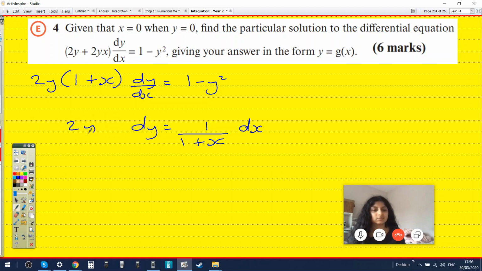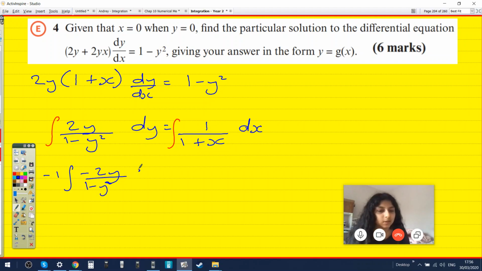So 2y over 1 minus... No, minus 2y. So we integrate both sides, and this one we put, let's say, minus 1 on the outside. Or just the minus, yeah.